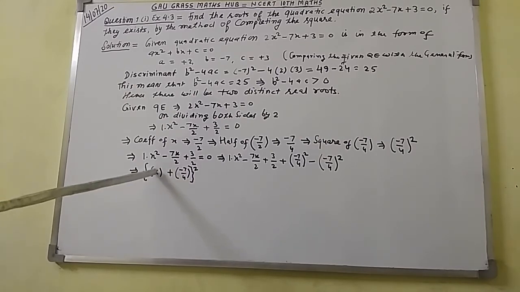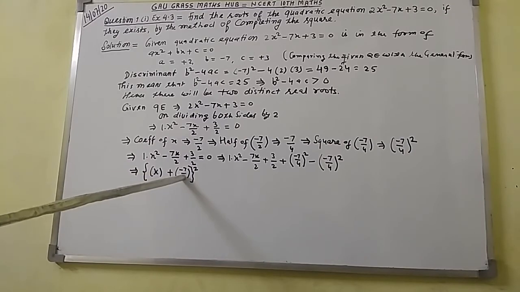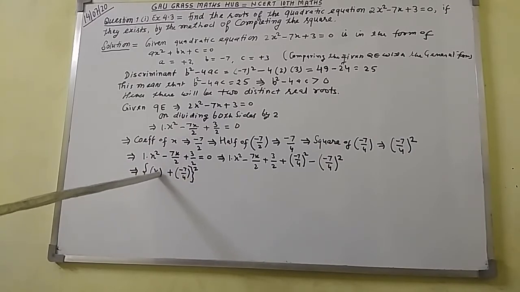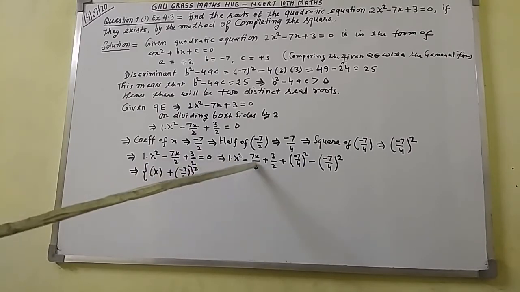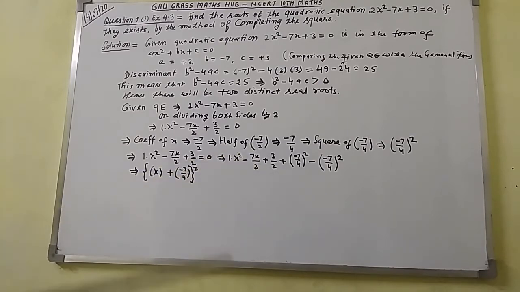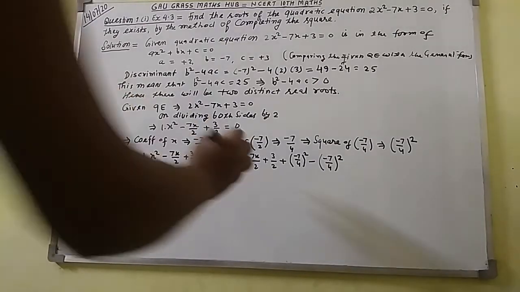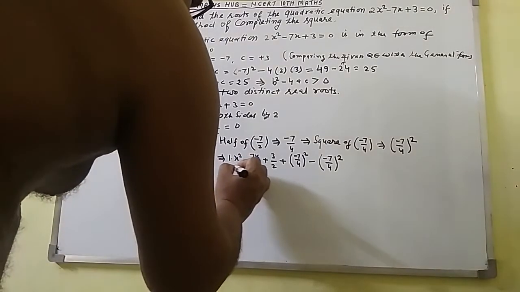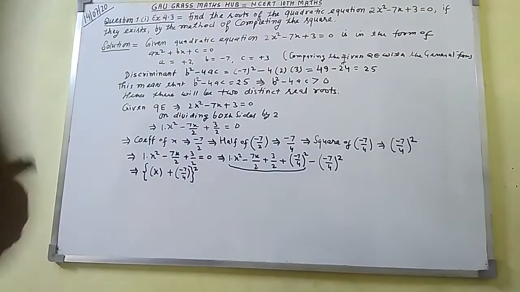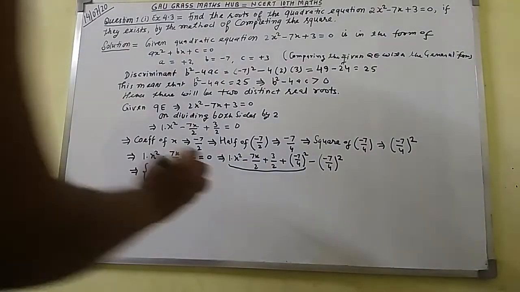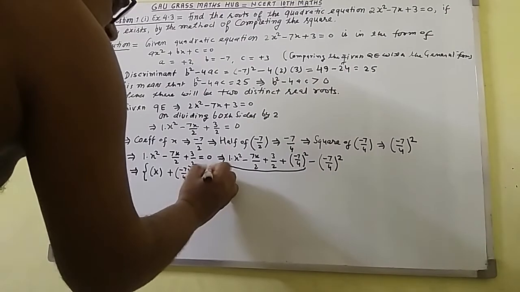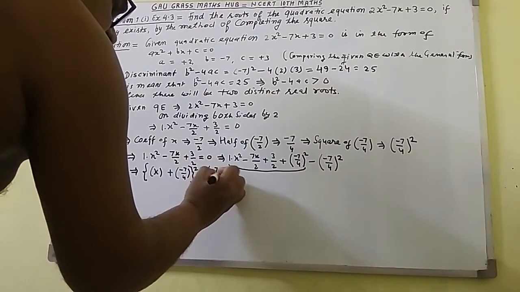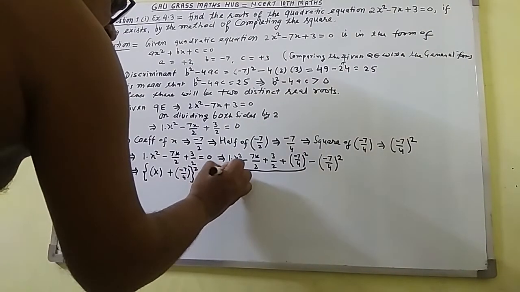So if you multiply this one, you will get minus 7/4 dot x, twice. This one value you will get. So from this to this place, processing has been completed. Now here you can write minus 7/4 whole square.